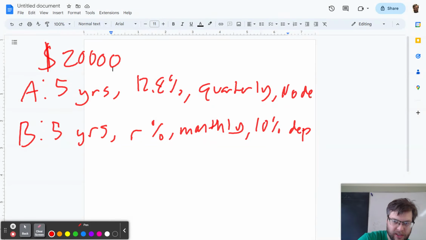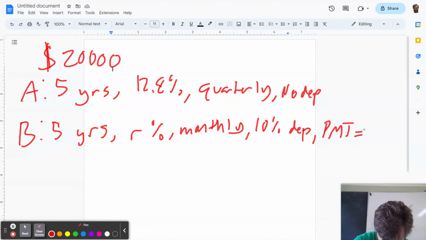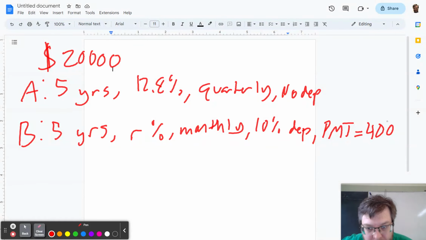I'll just write that, try to get all the info there. And monthly payments of $400. All right, so what we're going to compare is what is the payment for option A, what's the total amount, and what's the total interest.